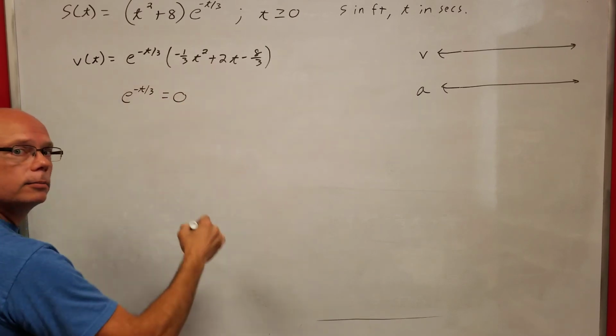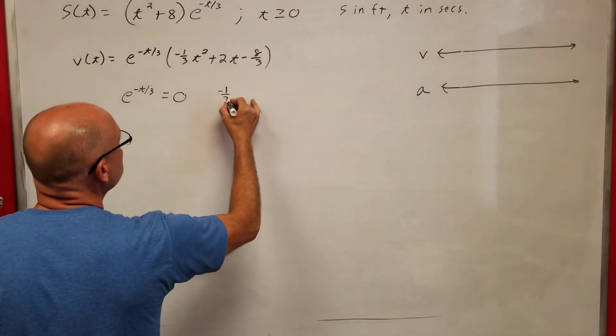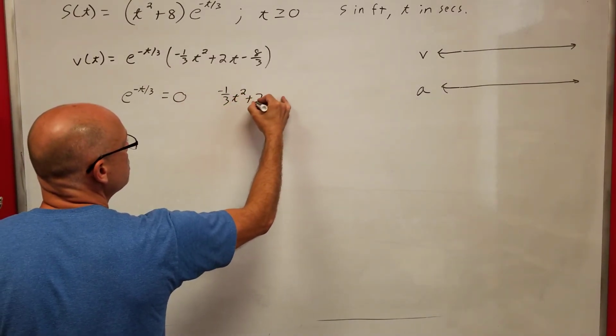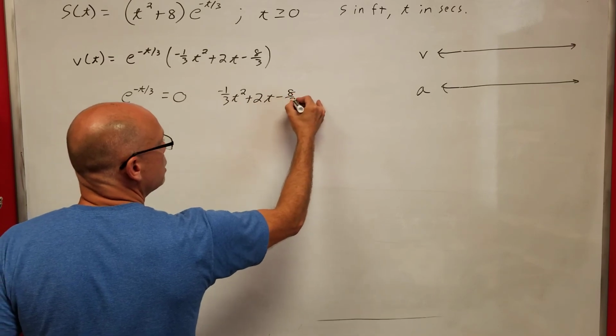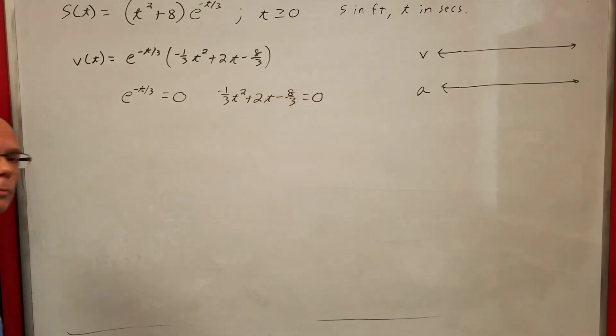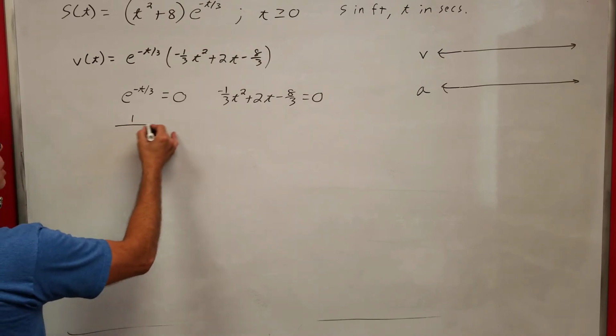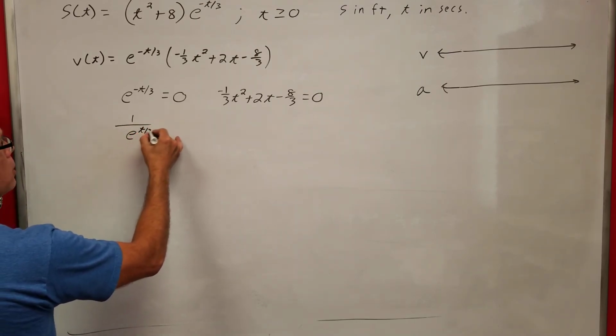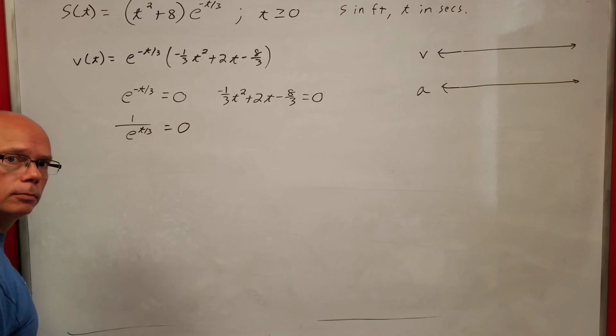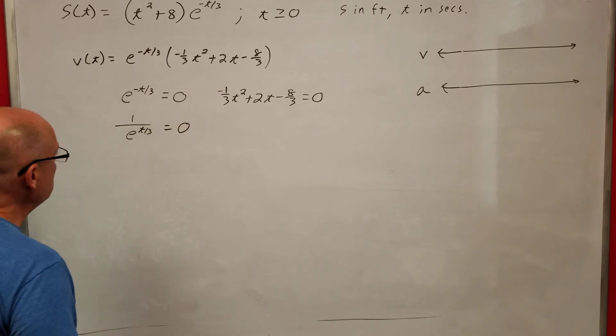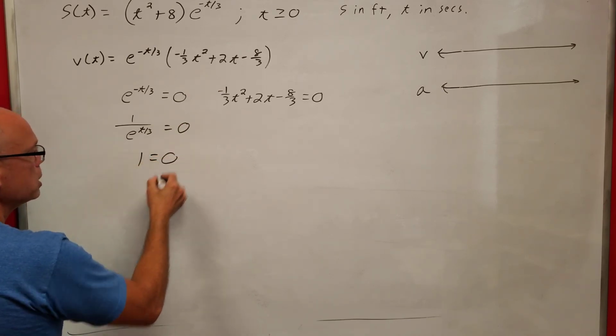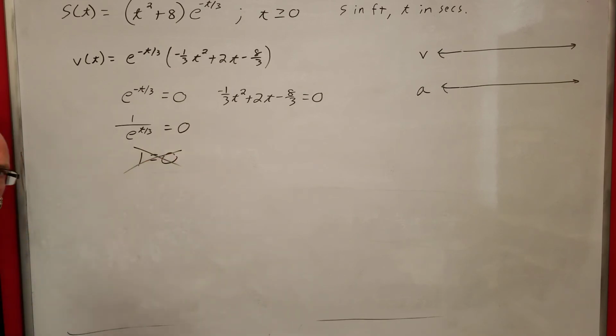This and that. Negative 1/3 t squared plus 2t minus 8/3 is equal to 0 as well. All right, I could call this 1 over e to the t over 3 is equal to 0. And if I multiply both sides by the least common denominator, I get 1 is equal to 0, and that doesn't make any sense.